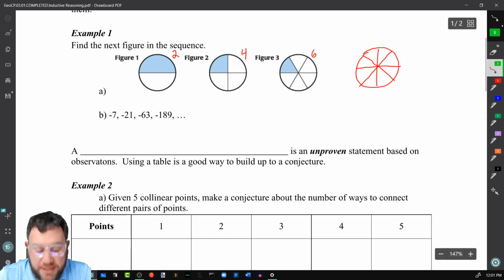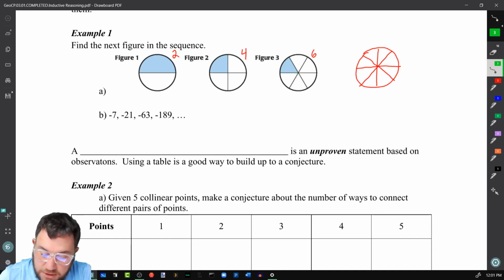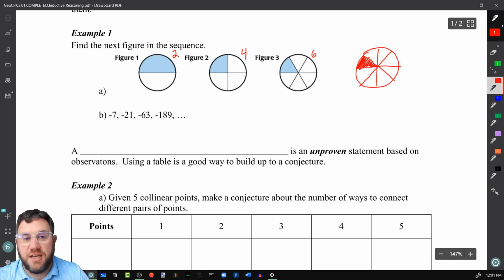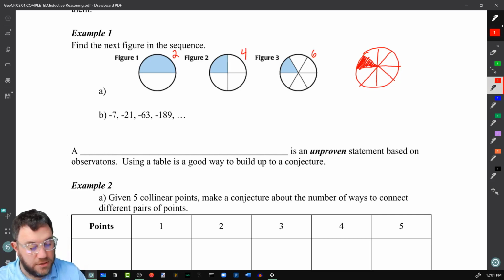In figure 3, now that we have 6 pieces, it's on the top and it's on the far left, but it's not the one at the very top. So for figure 4, we could say it's the top and it's on the left, so that would be this one right here. And so let's shade that piece in, because that's what we think the next figure is going to look like.